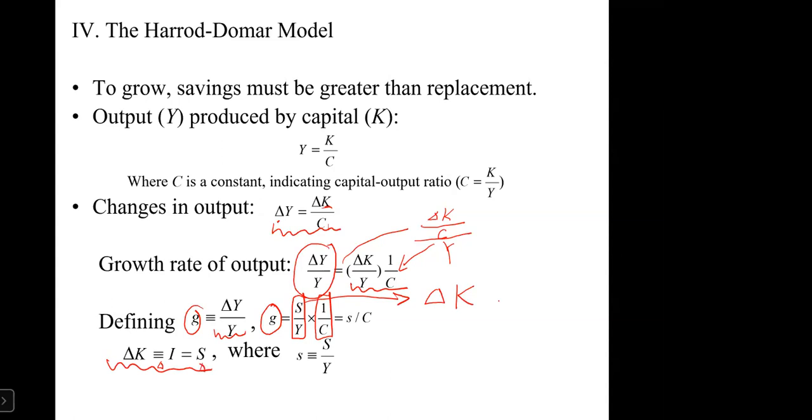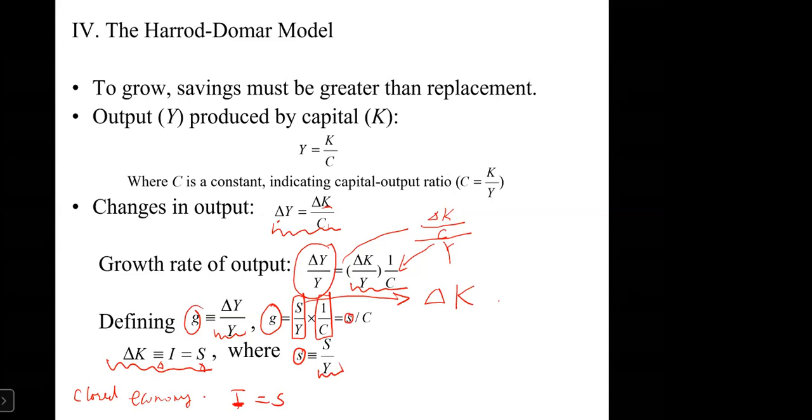You may be curious why investment equals saving. Remind yourself of the principles of macroeconomics: in a closed economy, I equals S, because that's the only source of investment. Finally, here we just define S as the saving rate.